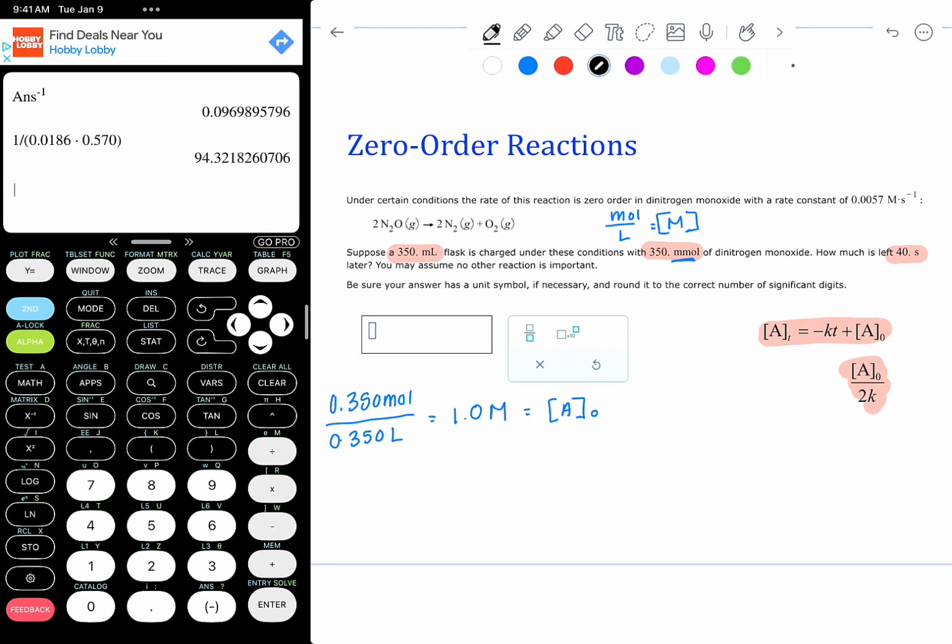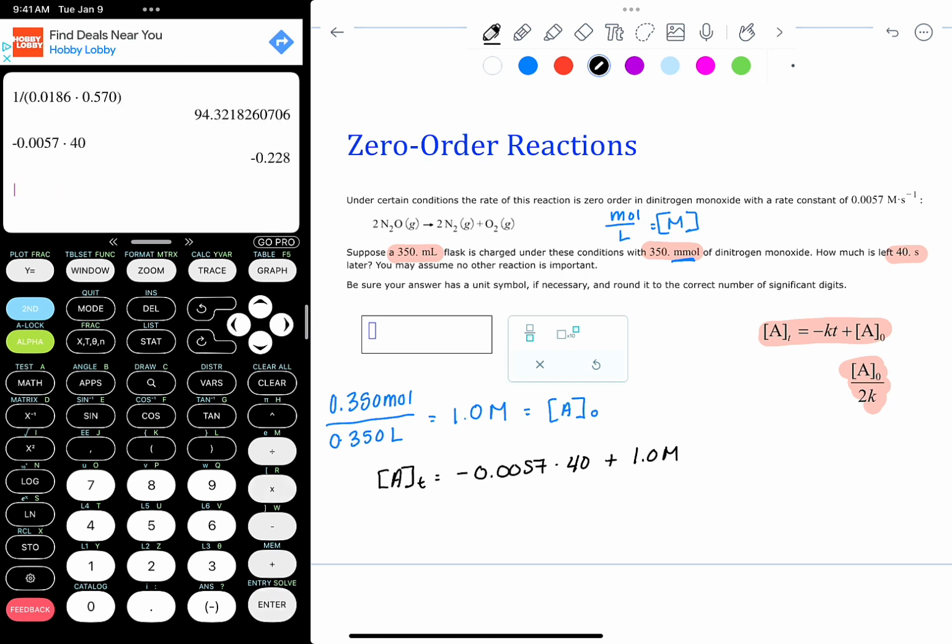Let's plug everything in. So we're looking for our concentration at some later time t. We know that the rate constant is 0.0057, and the time that we're looking at is 40 seconds. We're going to add to that our initial concentration, which we found was 1 molar. So we plug that in: negative 0.0057 times 40, plus 1.0.